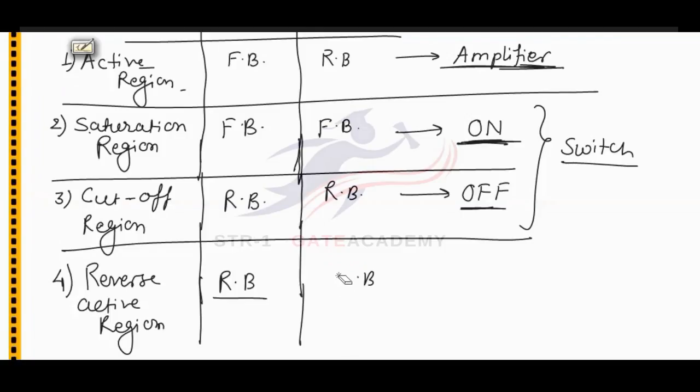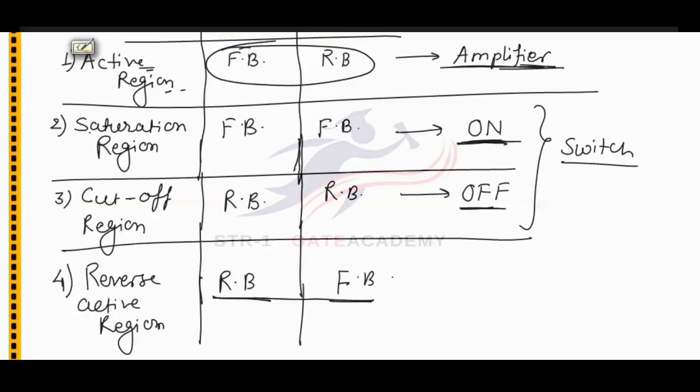If we bias BJT in this particular fashion, when base emitter junction is reverse biased and collector base junction is forward biased, we can see that it is just like active region, and we have just reversed the biasing of collector junction and emitter junction. And when we reverse the biasing of collector and emitter junction, BJT operates in reverse active region.